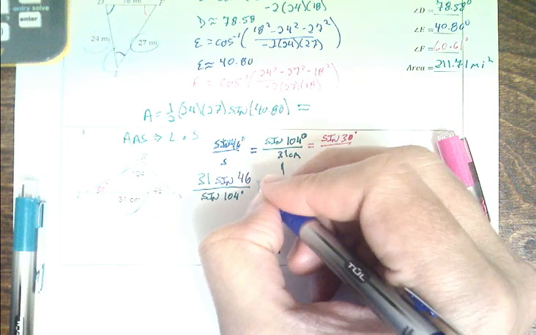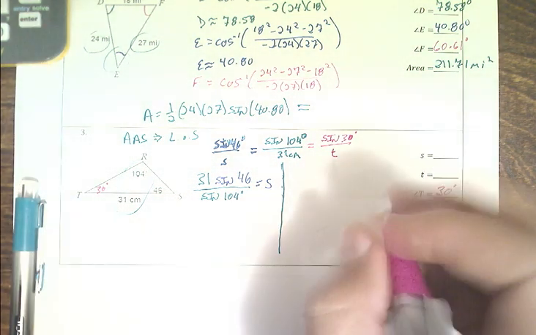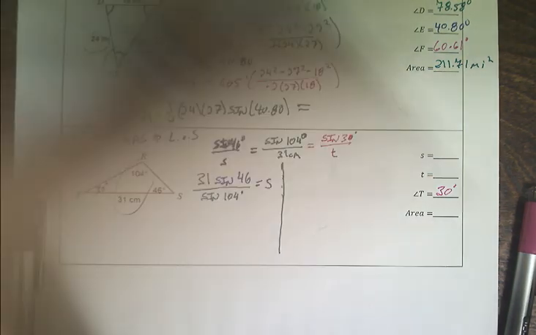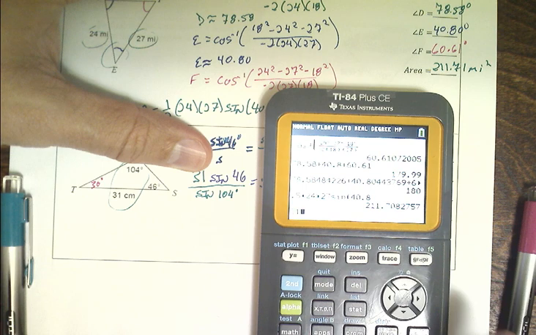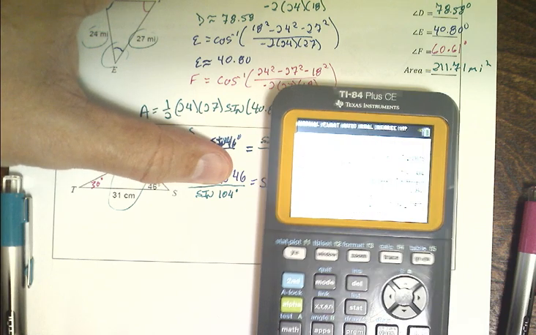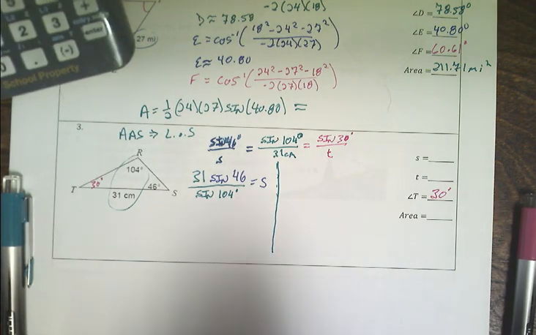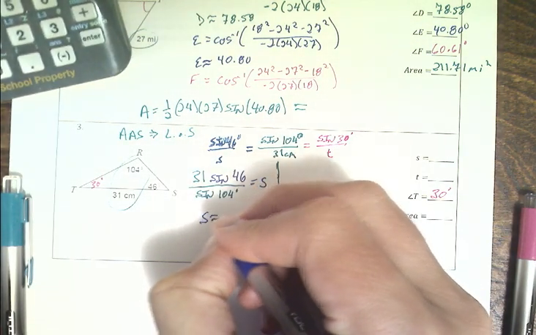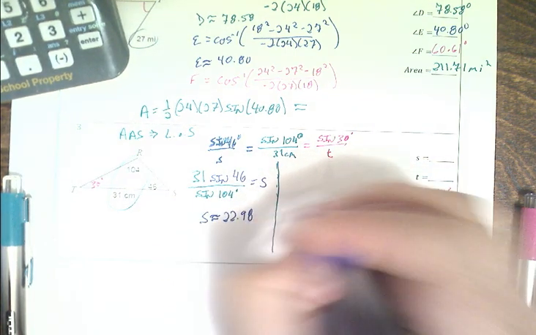Is going to be equal to lowercase s. 31 sine 46 divided by sine 104 is equal to 22.98. So s is about 22.98.